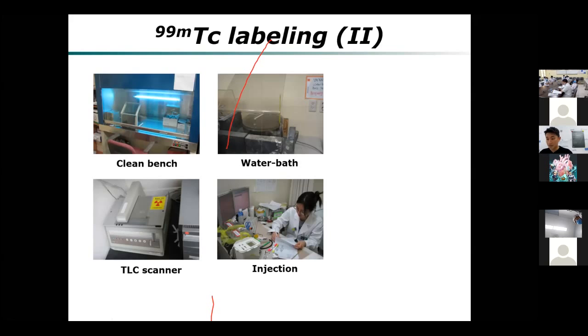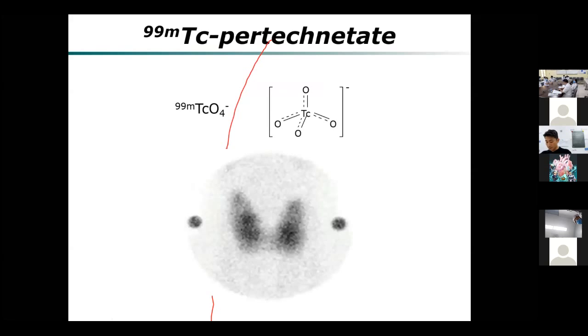Yes. So the technetium pertechnetate structure is this. Its physical charge and size are really similar to iodine, so it is well taken up by the thyroid gland, like iodine.